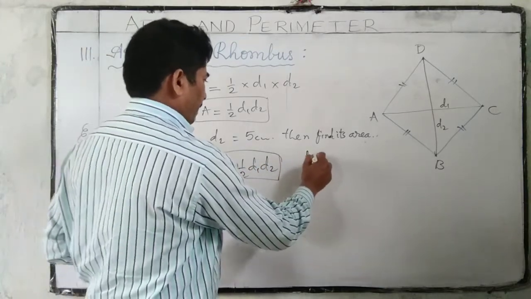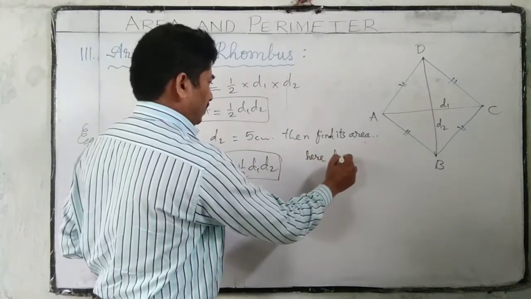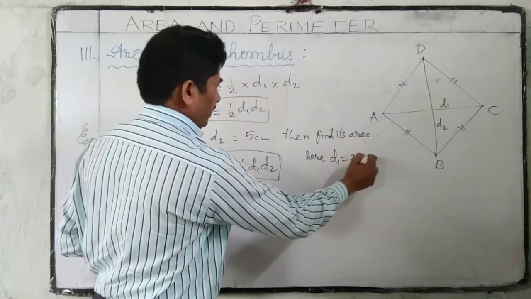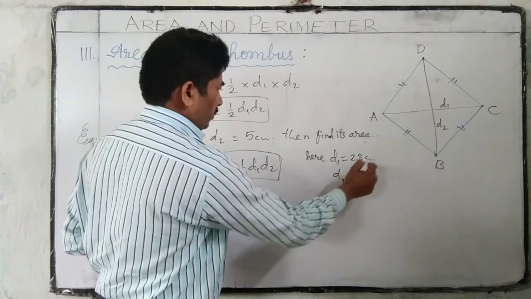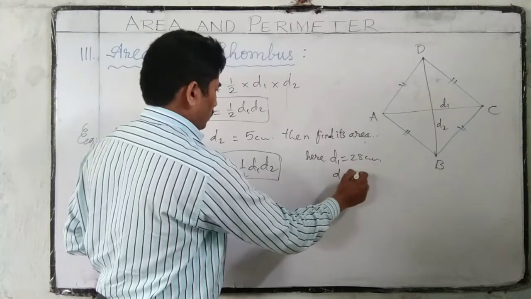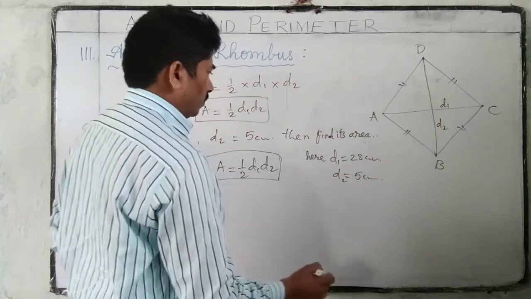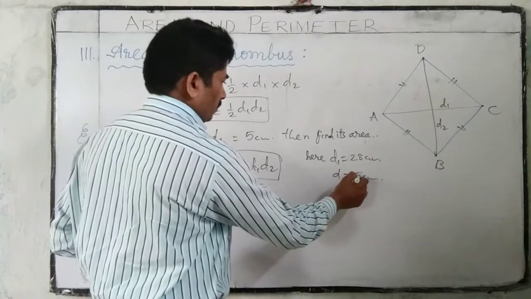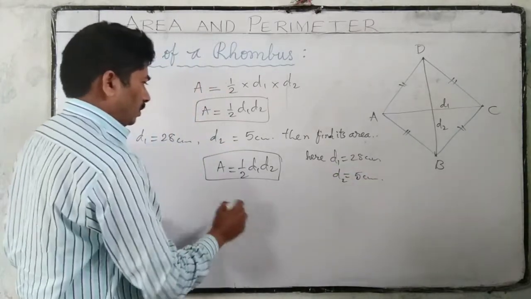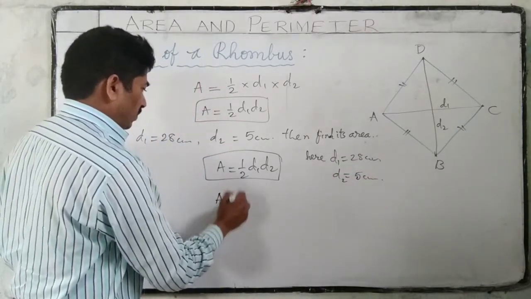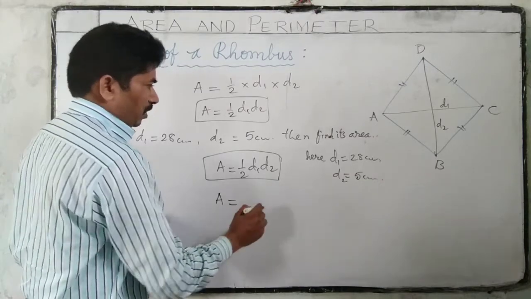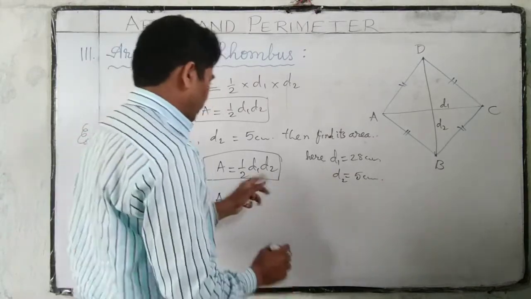Here D1 is equal to 28 centimeters, D2 is equal to 5 centimeters. A is equal to, now we have to substitute these values in this formula.